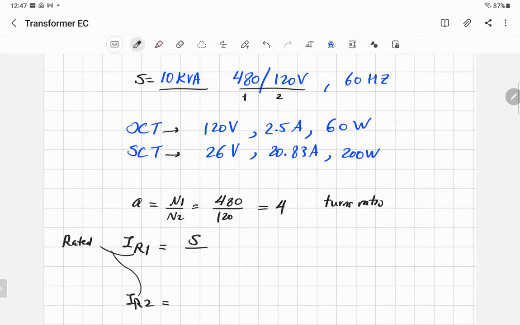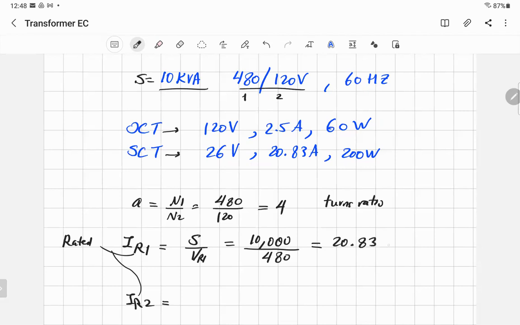So S divided by VR1: the apparent power is 10,000 volt-amps, divided by VR1, which is 480. That equals 2083.